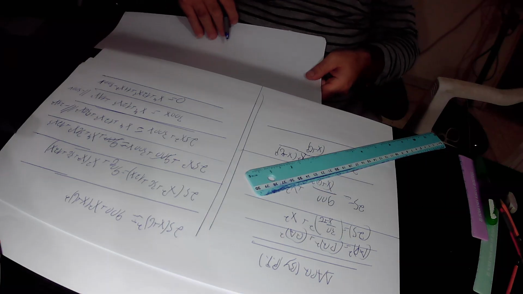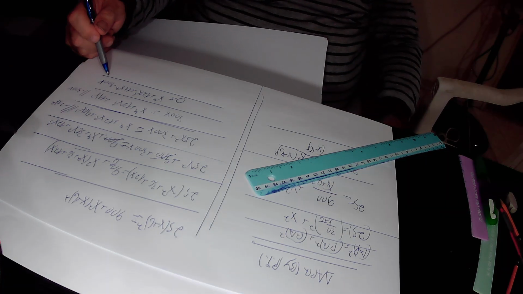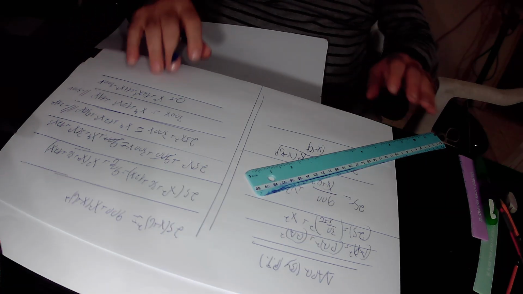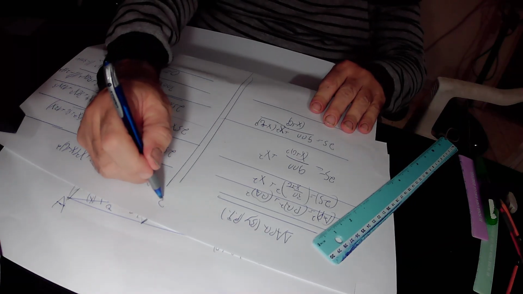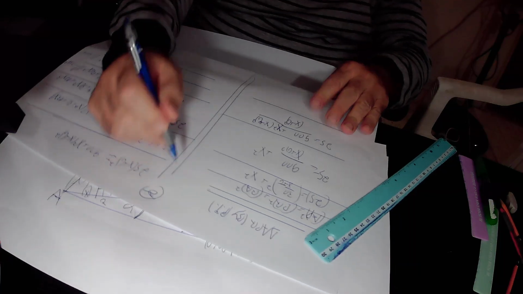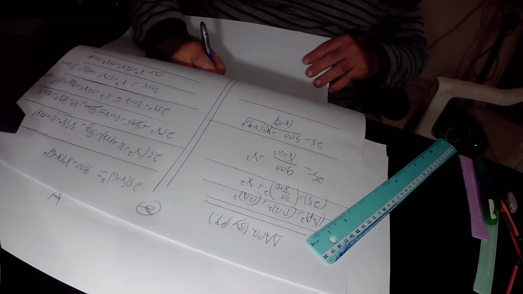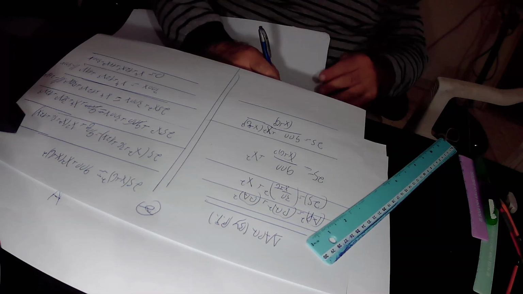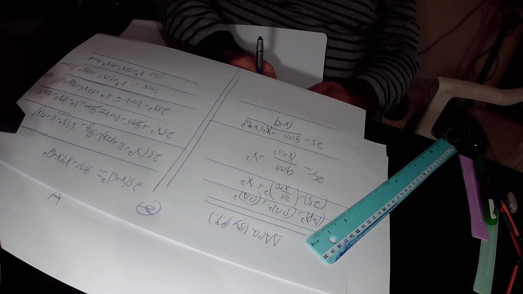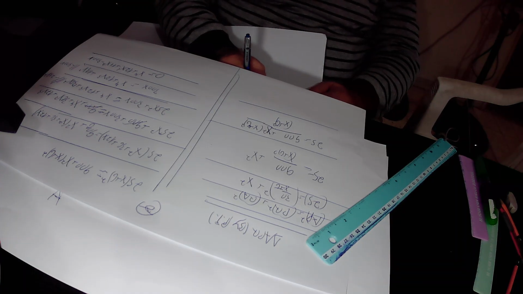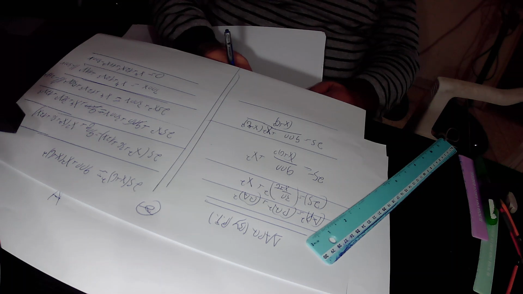So I'll copy this equation onto a new page, where x to the power of 4 plus 12x cubed plus 11x squared plus 300x equals 0.